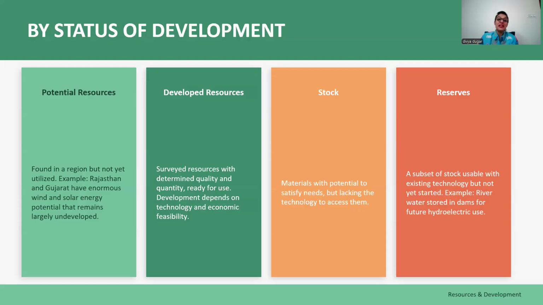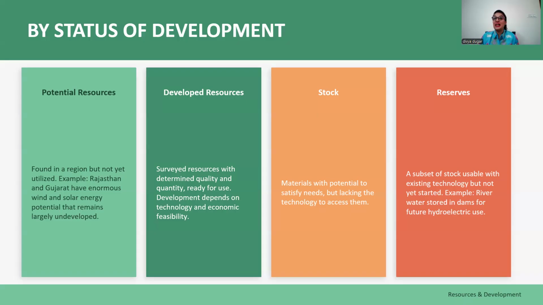So first is potential resource. Students, have you heard anyone telling you this boy has potential, or this girl has potential? But sometimes you have potential, but you are not fully utilizing it. Same is the case with potential resources. They are found in the region, but not fully utilized.